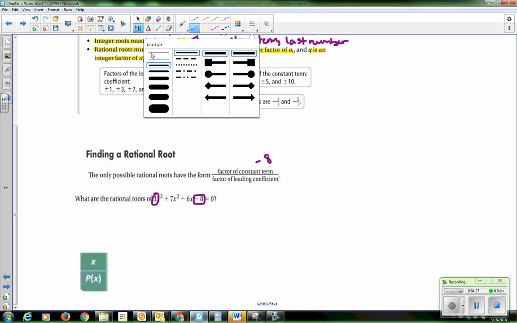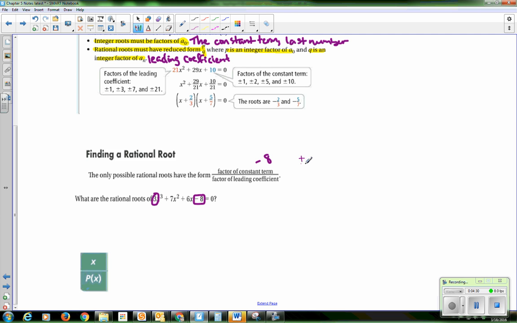Plus or minus 1, 2 is a factor of 8, 3 is not, 4 is a factor of 8, 5 is not, 6 is not, 7 is not, and 8 is a factor of 8. So all the factors of -8 are 1, 2, 4, and 8, and the positive and negative versions of those. Now I'm going to list all the factors of 3. Thankfully, 3 is a prime number, so there are only 2 factors for 3.